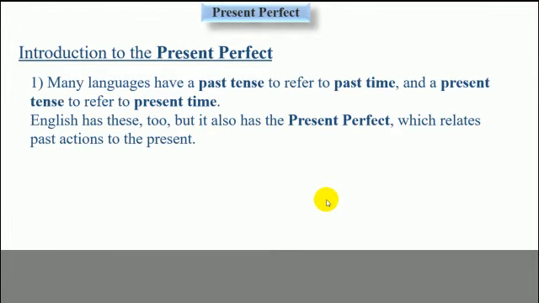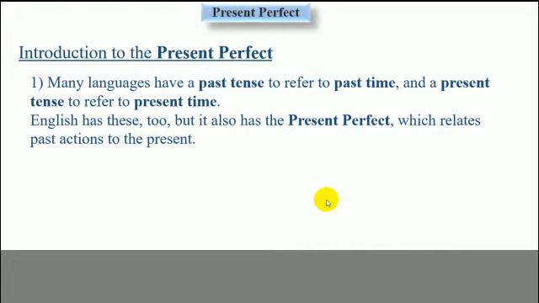There are four main aspects we have to know before we go ahead. First, many languages have a past tense to refer to past time and a present tense to refer to present time.